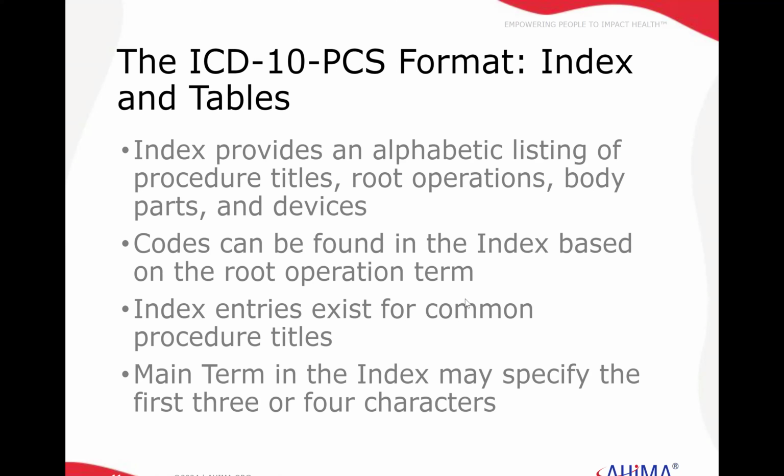The codes are found in the index based on the root operation term, right? And the main term may specify the first 3 or 4 characters. Then we have to go to this specific table to figure out the remaining 4 to 3 characters.